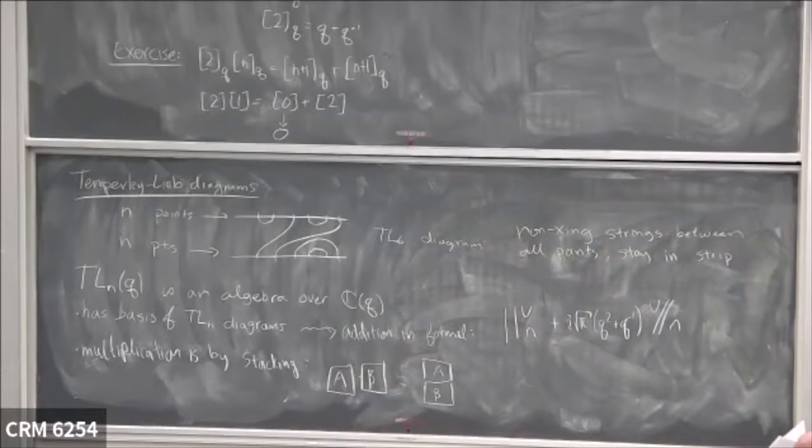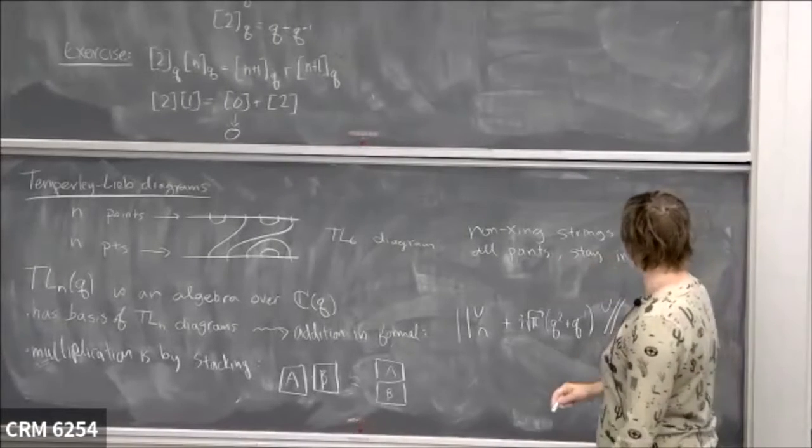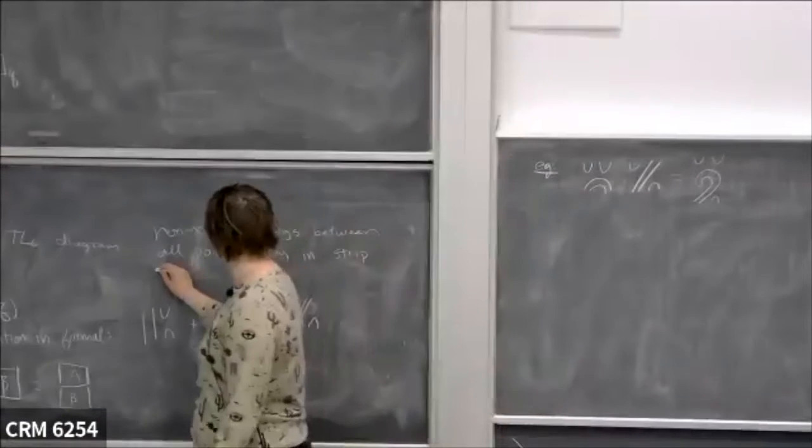Okay, and let's do a couple examples of this. How about in TL4, we'll take a frowny face and multiply it by this diagonal thing. And what do we get? So this one goes on top, and this goes on the bottom. And now, it would have been good to say back here that we only consider these diagrams up to planar isotopy.